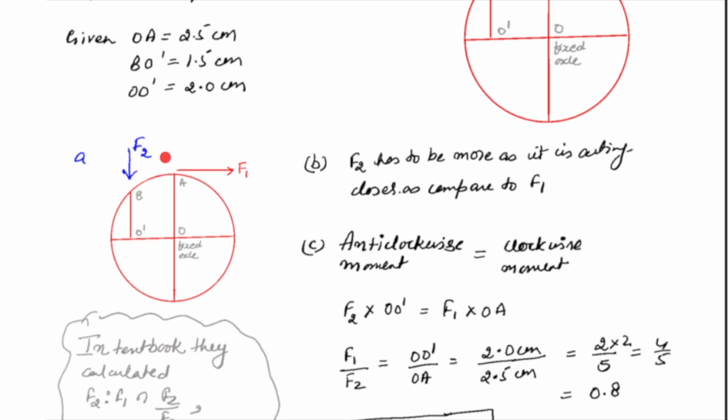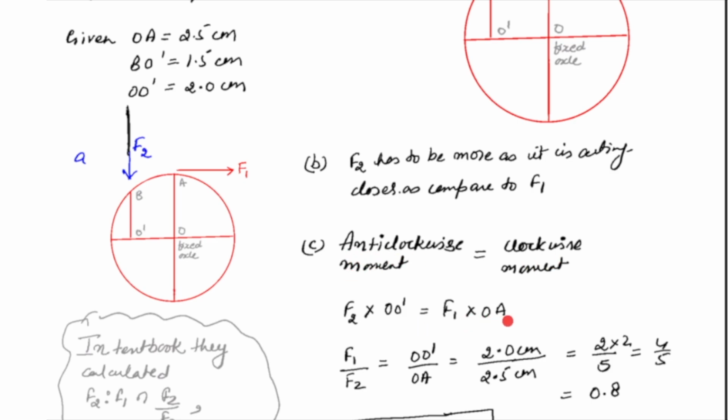So if we keep the force the same, the moment of this force will be less. So this F2 has to be a bigger arrow. It has to be more as compared to this one because the distance at which it is acting is less. To compensate for that, we have to have more force F2. Okay. See, what we are doing is comparing anti-clockwise movement to clockwise movement.